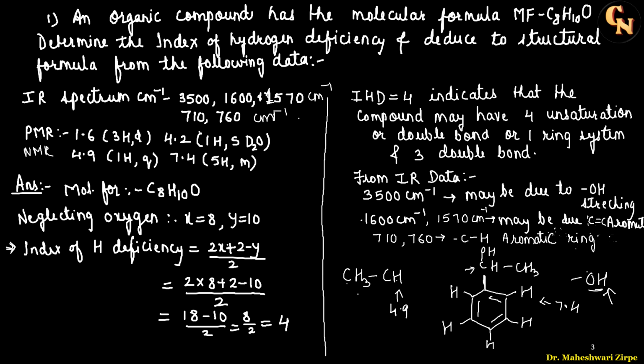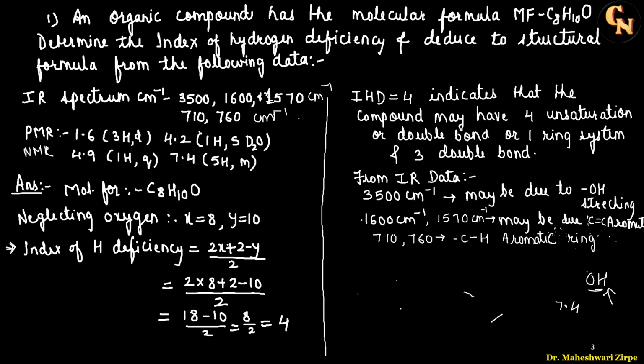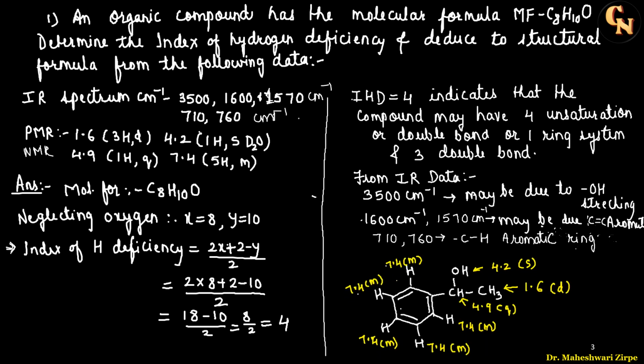Now let me just clear this first so that I can show you the proper compound. This is how you have to determine the structure of an organic compound using the given data. This is the structure which we get: a benzene ring, CH, CH3, OH. Now I have written each value of PMR and IR spectrum here. The benzene ring protons all show 7.4.